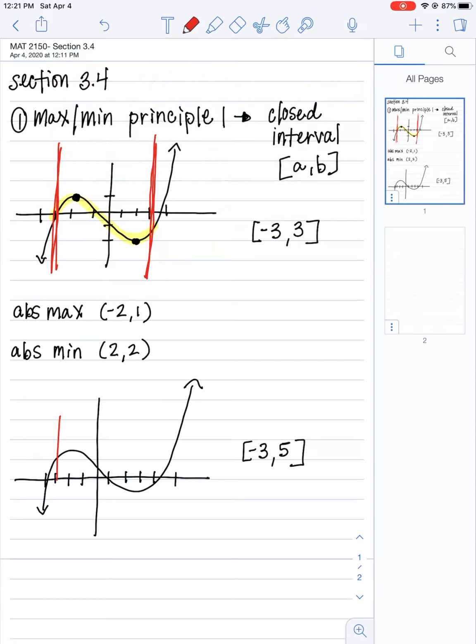Now I'm looking over the interval -3 to +5. If I go up here and close off my interval, -3 is right here and +5 is right here.